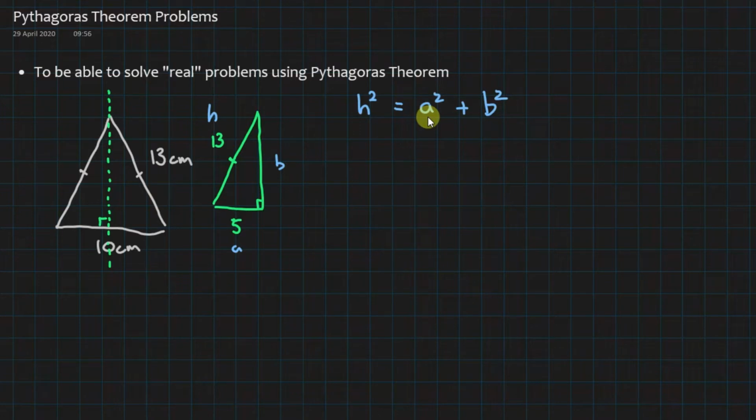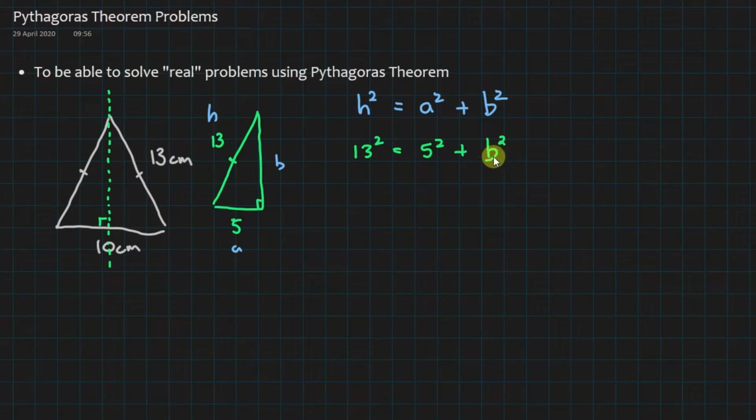Okay. Stick our numbers in, so everything in green is what I'd expect to see for a question. We've got 13 squared is 5 squared plus, there was no length here, but we've got a perpendicular height or the altitude. Let's call it b. There was nothing given in the question, so b squared.